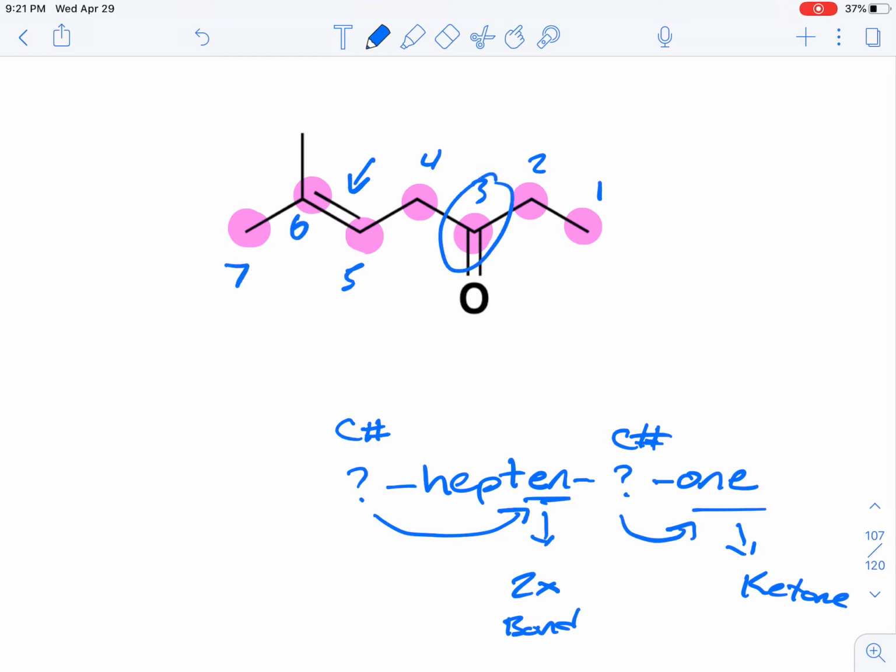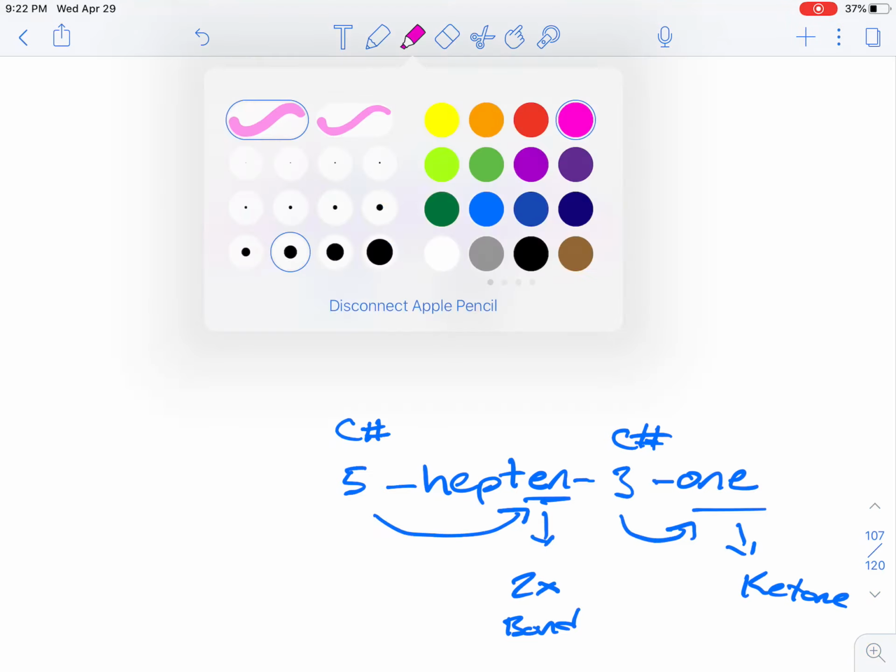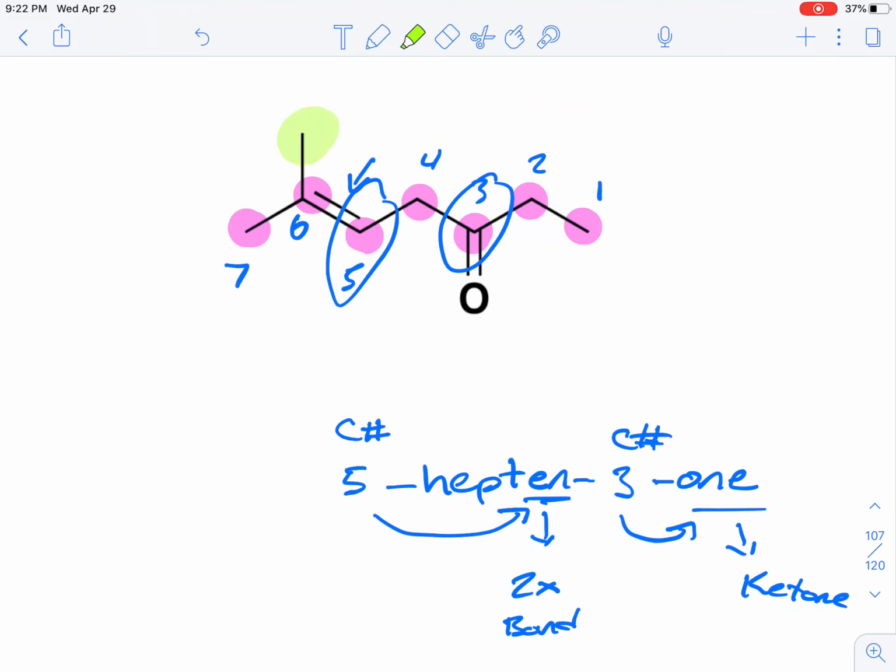So it looks like on carbon 3, we have our ketone. And on carbon 5, that is where our double bond is going to start. The only thing that we have yet to describe is our substituent, which is on carbon 6. So this is going to be a 6-methyl.